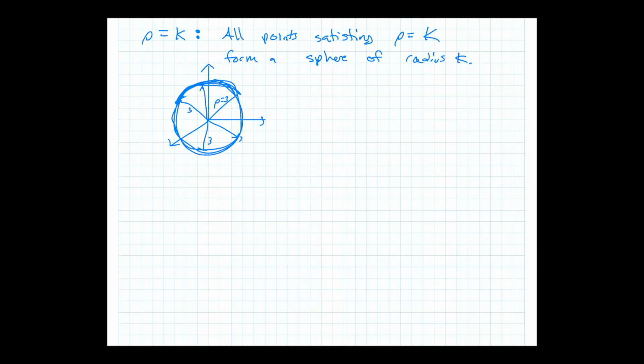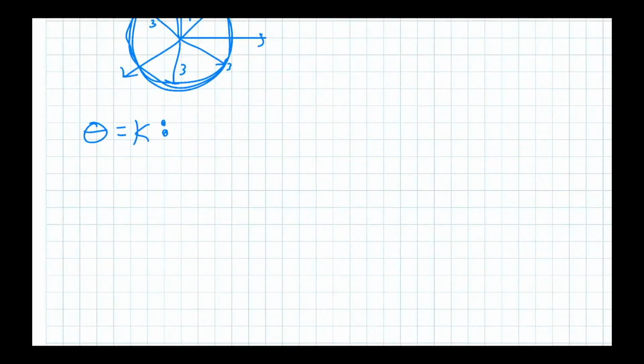Now, theta equals a constant is the exact same situation as before, because we already did it. It's the same theta for cylindrical coordinates and spherical coordinates.